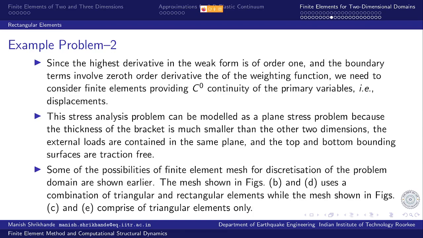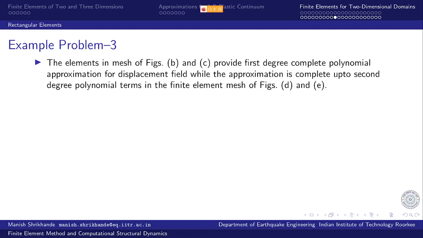Some of the possibilities of the finite element mesh for discretization of the problem domain we have already discussed. Meshes shown in figures B and D use a combination of triangle and rectangular elements, and figures C and E comprise triangular elements only, linear and quadratic, as we discussed earlier. Elements in the meshes of figures B and C provide a first degree complete polynomial.